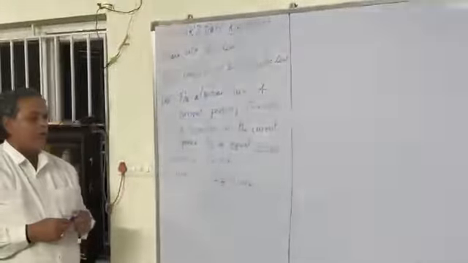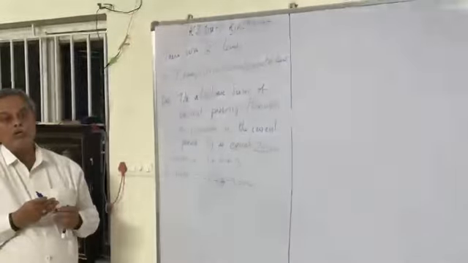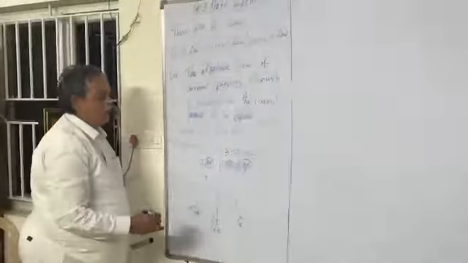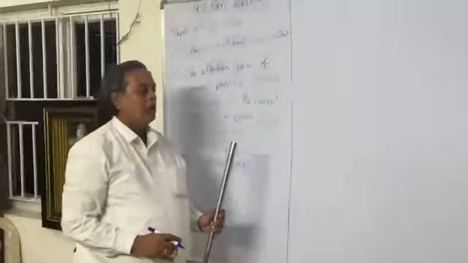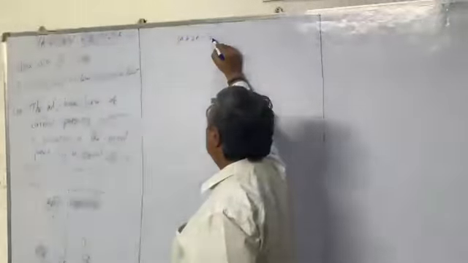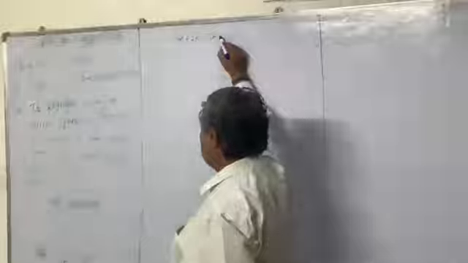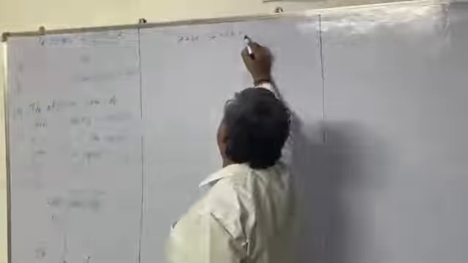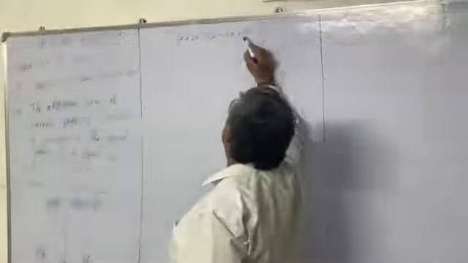What is the figure here? Add it and tell me how much is I6. I5 I have given as 6 amps. What is 3 amps minus negative, the next plus 2 amps plus 6 amps, is equal to 0.